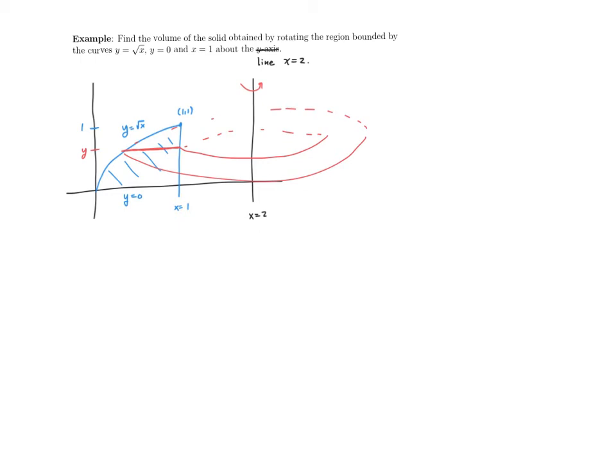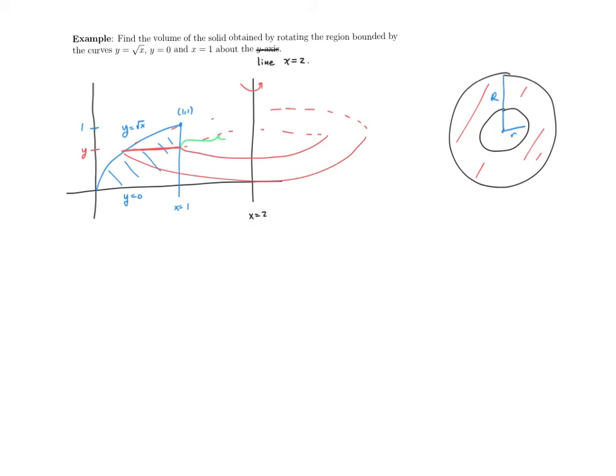So we have our generic washer, a larger circle with a smaller circle hollowed out. And in order to determine the area of this washer, we once again need to determine its big radius, big R, and its smaller radius, little r. We can see these very clearly once again in the picture.